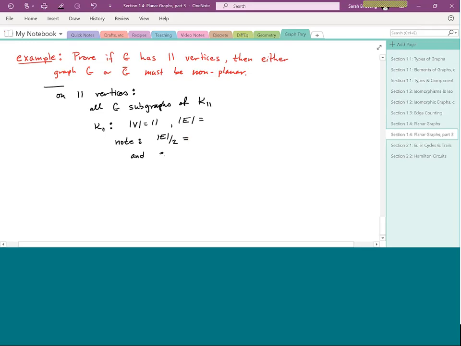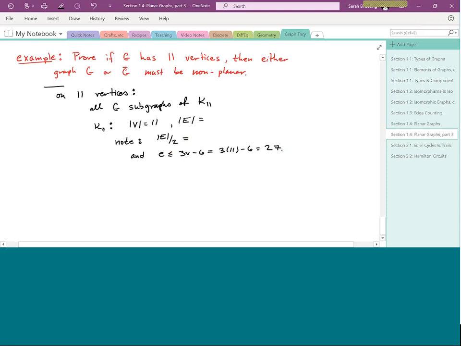The inequality is E is less than or equal to 3 times the number of vertices minus 6. If that inequality is satisfied, that does mean you're planar, which means we need to look to see if G or G prime, one of them should not satisfy that inequality. So we know we have 11 vertices, so this is 3 times 11 minus 6. What is that, 27? That looks like 27.